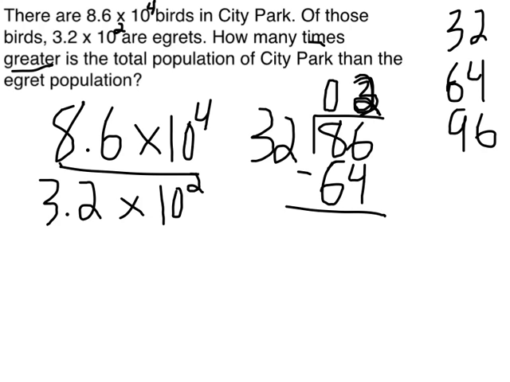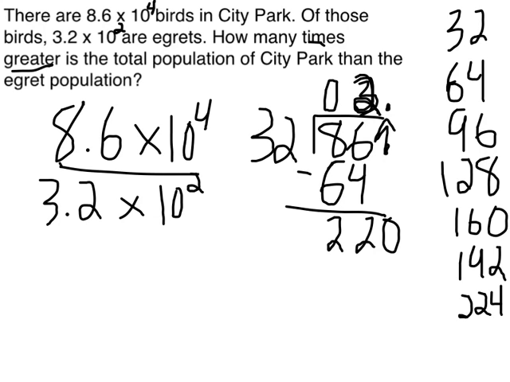If I subtract down, 6 minus 4 is 2, and 8 minus 6 is also 2. 32 does not go into 22, so I know I have a decimal I can bring up and add a 0. Whew, this is going to be a long one. 32 does go into 222 six times. 32 times 6 is 192.